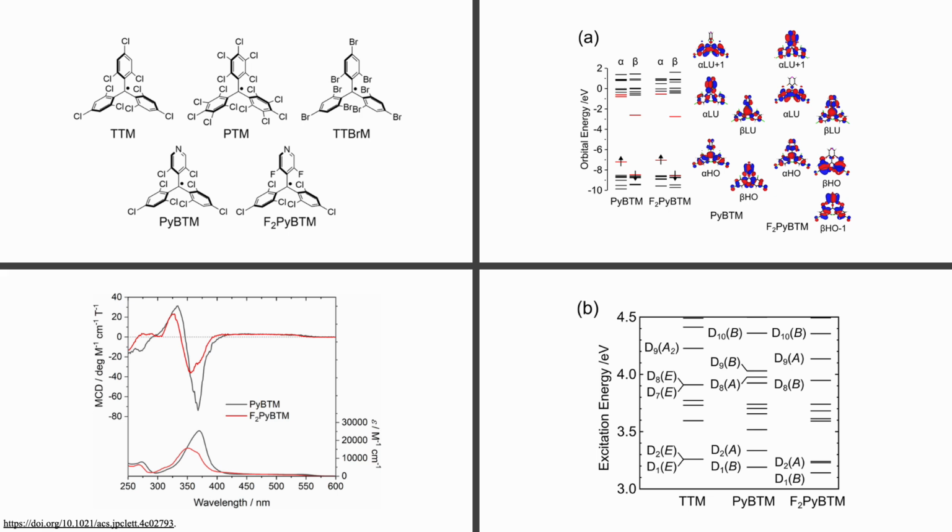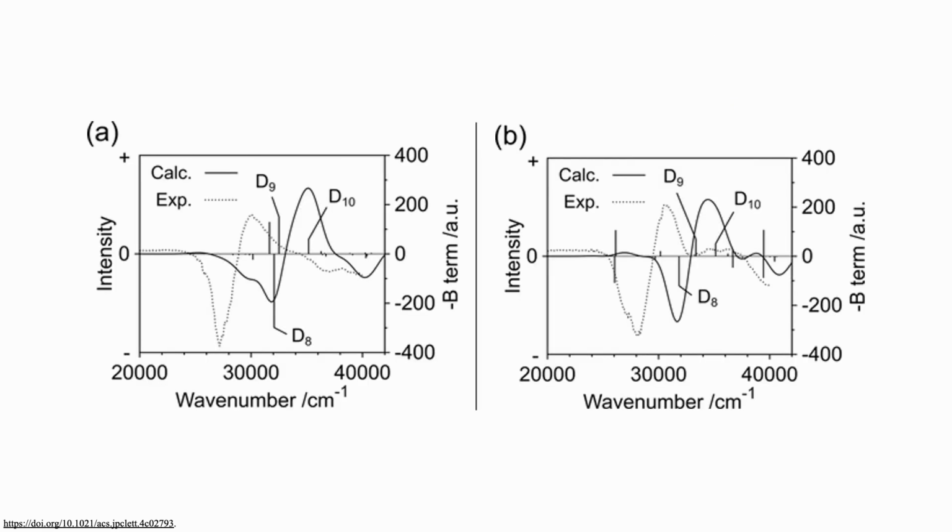They were able to use DFT calculations to calculate the B term of the electronic transition, and as expected, they were very large, indicating that there's a lot of mixing between these two excited states. So as we can see on this next figure here, our vertical lines represent our B terms.